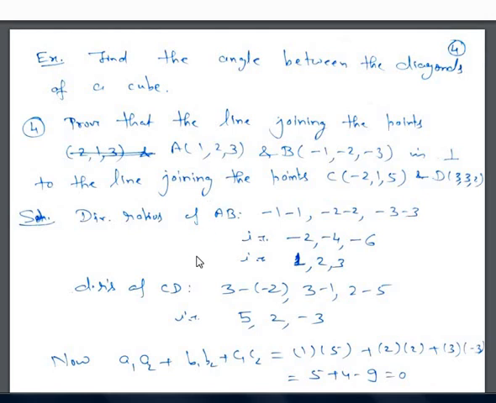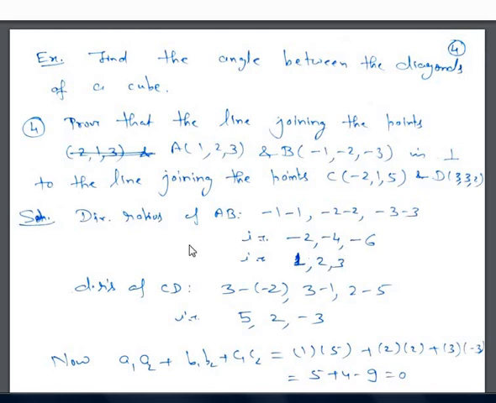For that we will find the direction ratios of AB and of CD. For AB, we use the formula x2 minus x1, y2 minus y1, z2 minus z1. So we get minus 1 minus 1, minus 2 minus 2, minus 3 minus 3, that is minus 2, minus 4, minus 6.